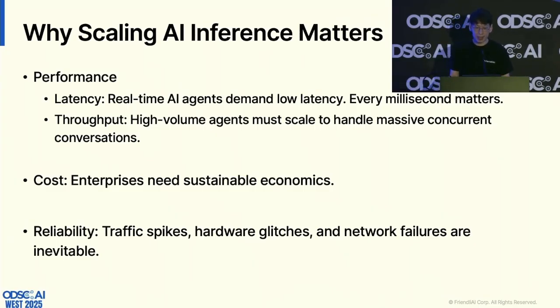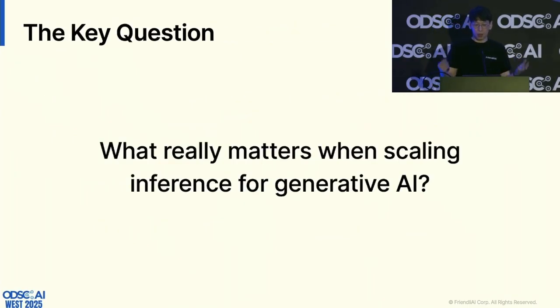So that's why scaling inference is the essential enabler for Gen AI to deliver real impact. So the big question is this: how do we design inference systems that are fast, cost-efficient, and reliable, while serving many, many users across diverse workloads? So that's the topic I will dive into today.